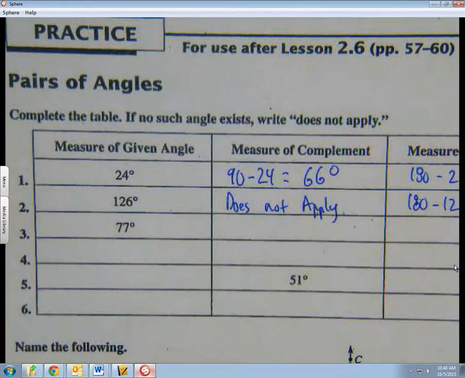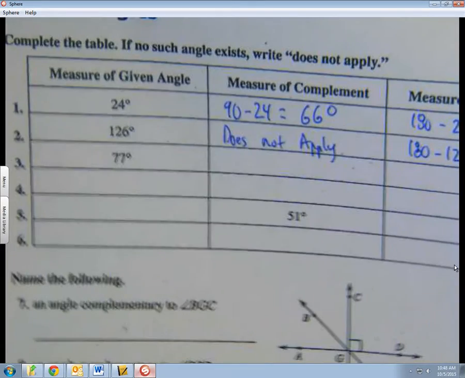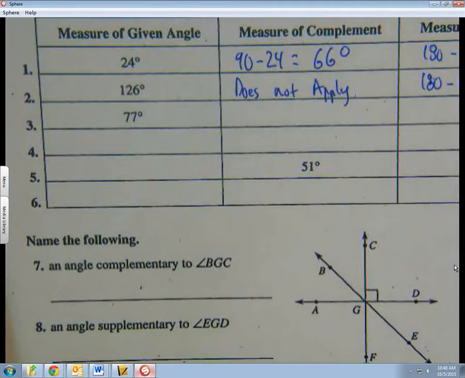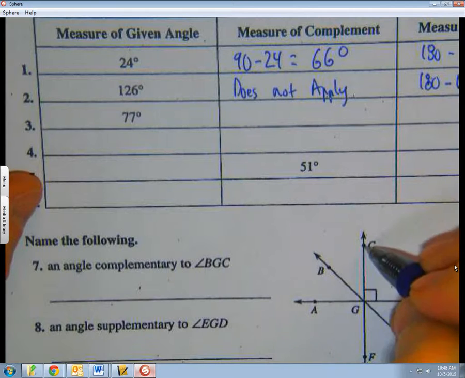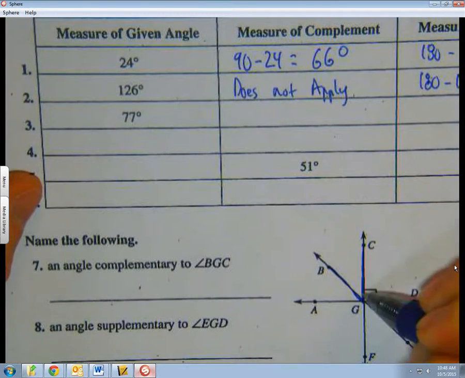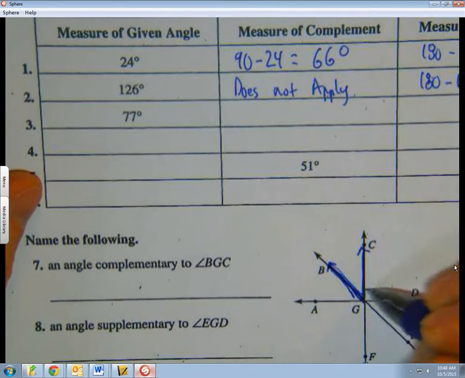Down here, angle complementary to BGC. Well, here's BGC right here. Okay, and I encourage you as always to write all of this stuff. Well, this is 90 and this whole thing's 180, so that makes this 90 as well.